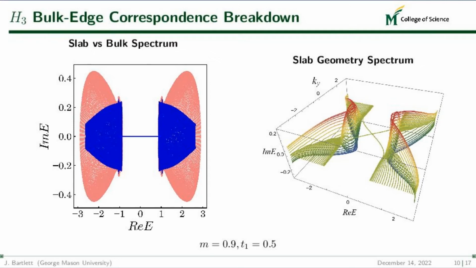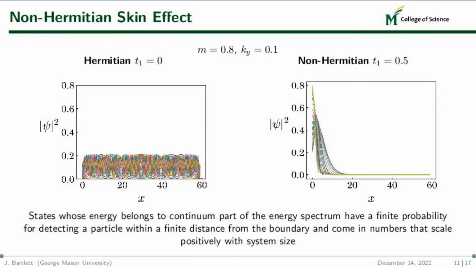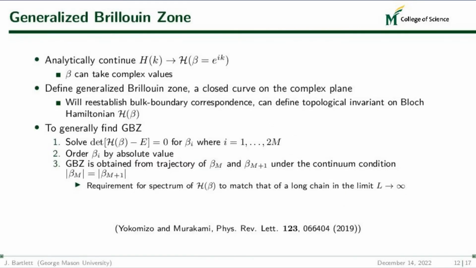That is what we refer to as the continuum band. So the idea is to continue H(k) to take on complex values and make H(beta), and establish a curve that this H(beta) will follow in order to reestablish bulk boundary correspondence.